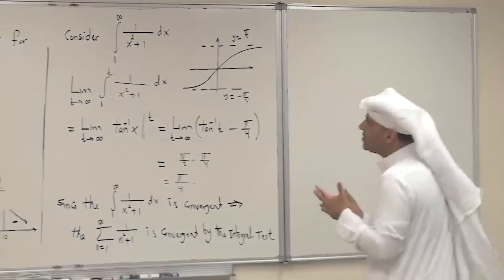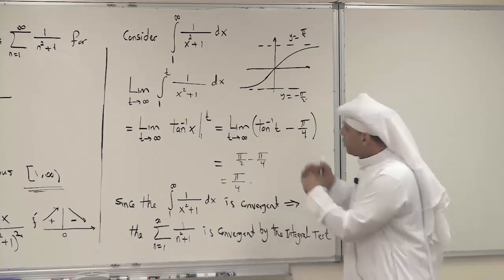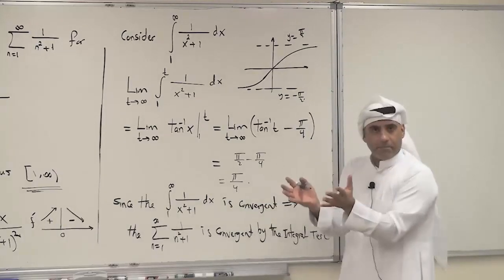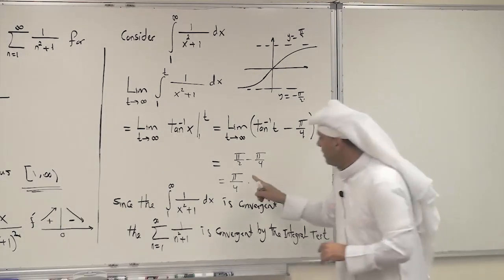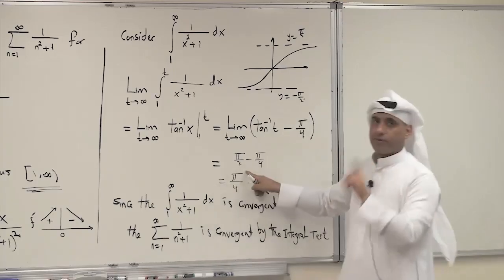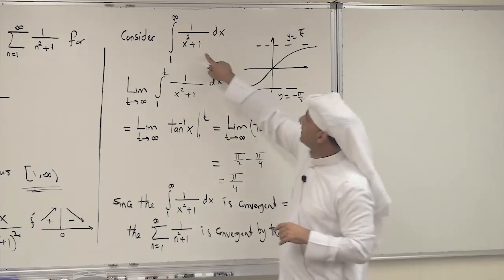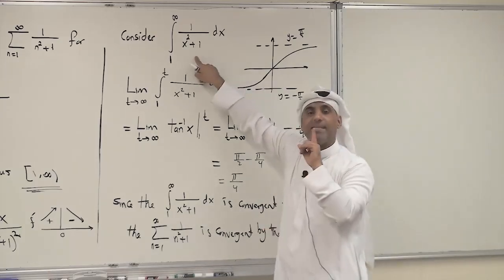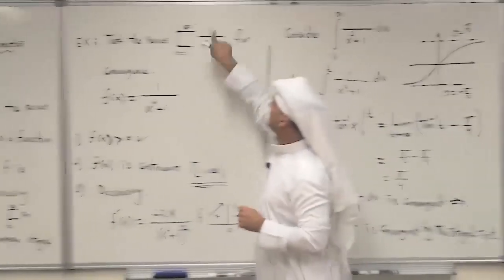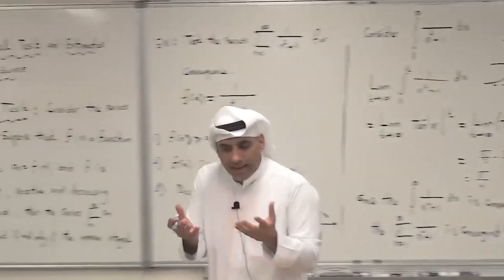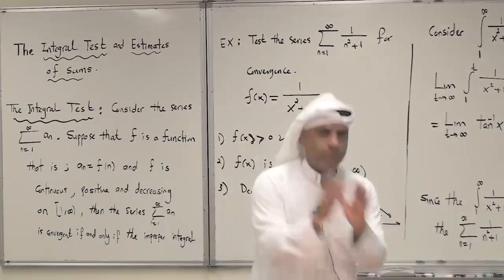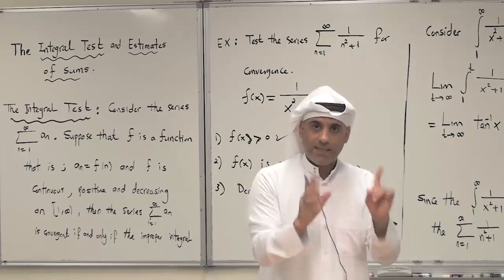Maybe someone will confuse the conclusion that it's convergent with the sum. Nobody says that the sum is pi over 4. No. This pi over 4 is just to conclude that the improper integral is convergent, but it has nothing to do with the total sum of this. We have only a conclusion: convergent or divergent. In this case, it is convergent.